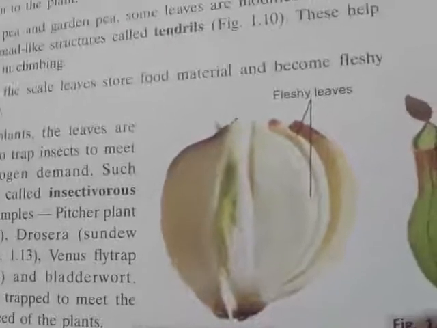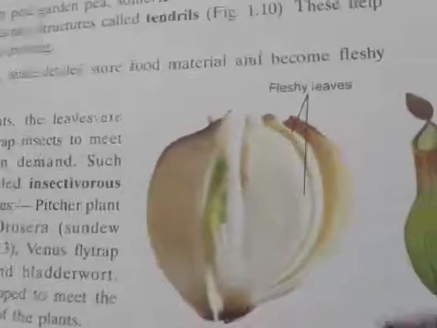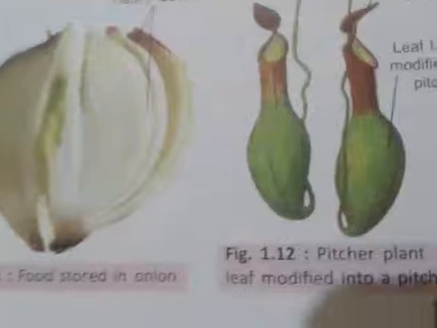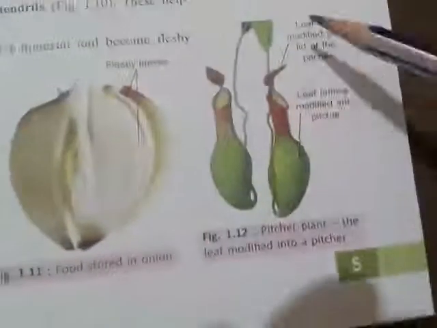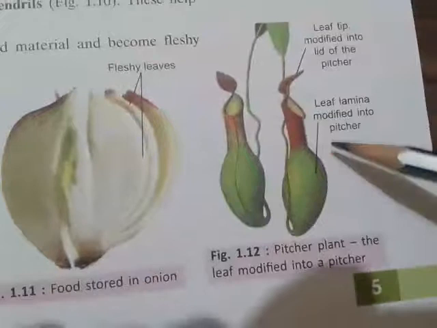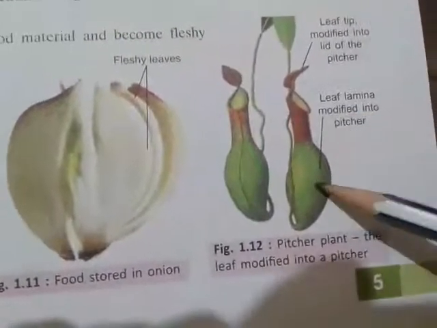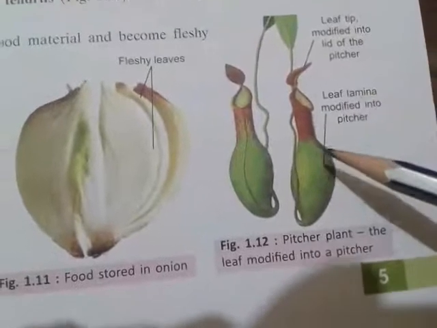So scale leaves store food material and become fleshy. And what is the reason for storing the food? Some plants, like the pitcher plant, have a lid portion, and the lamina is modified into a pitcher, as we have seen.